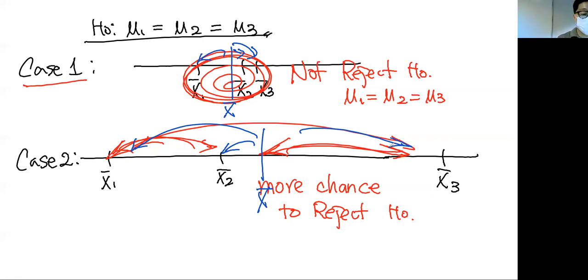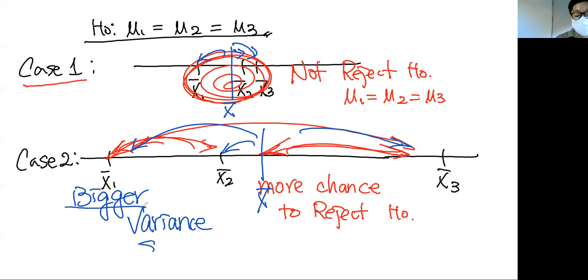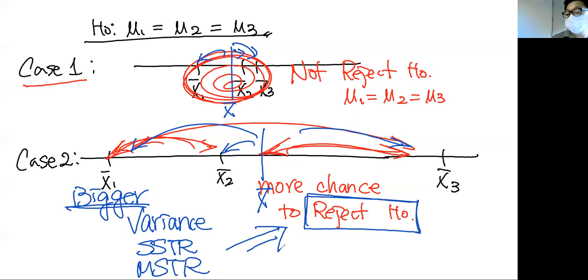Absolutely, case 2. It has the bigger variance. Probably it's a bigger SSTR, even bigger MSTR, right? Then what? Reject. We are going to reject the null hypothesis.